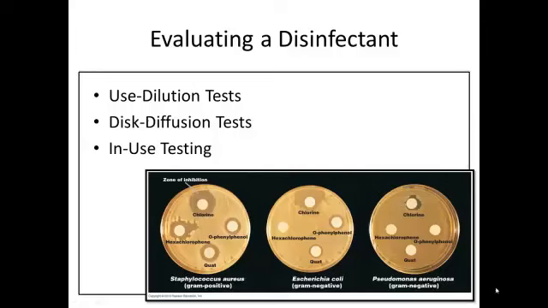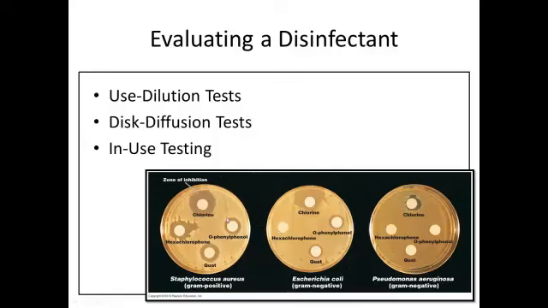For this next one, the diffusion test, we generally use this for antibiotics, but you can use it for surface disinfectants. And since there's a good picture in the book, we're going to use this as an example. Here we put down on agar a lawn of bacteria. Then at the same time we drop a disc that has been soaked in the active ingredient.